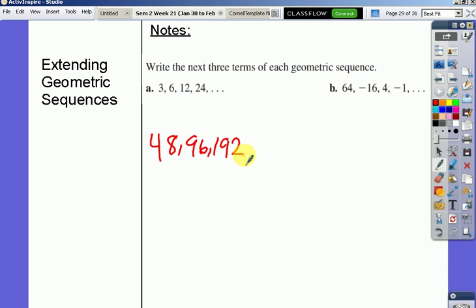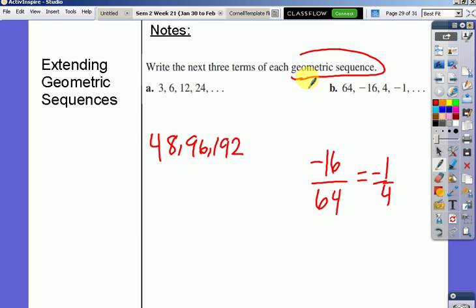Let's take negative 16, divide that by 64, and reduce that. So when you reduce it, you do get negative 1/4. And you'll see that it is negative 1/4 each time. And you don't really have to check to see if it's the same ratio because you already know it's geometric, so you can just assume that they're all going to be multiplied by negative 1/4.